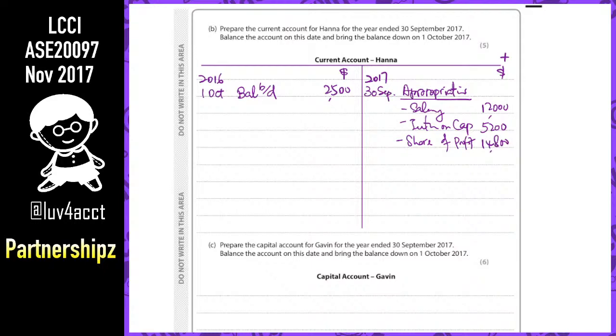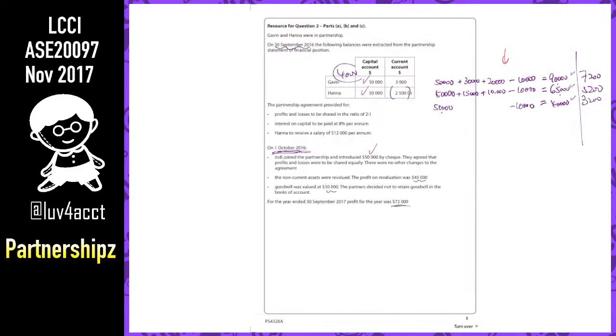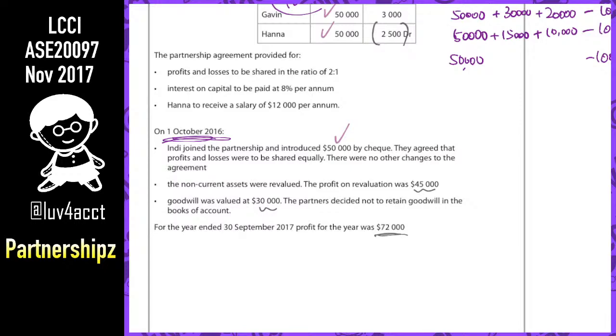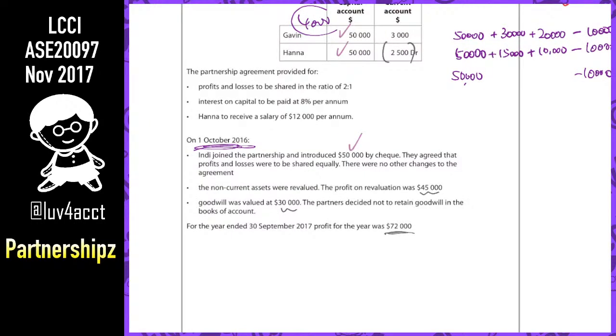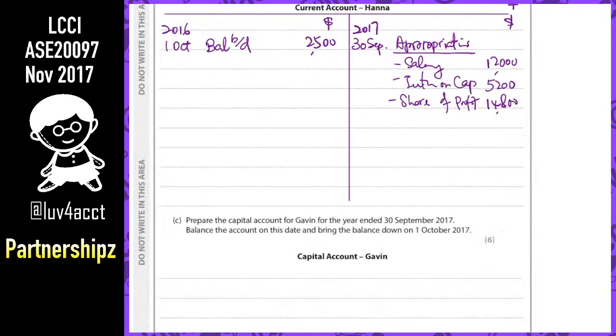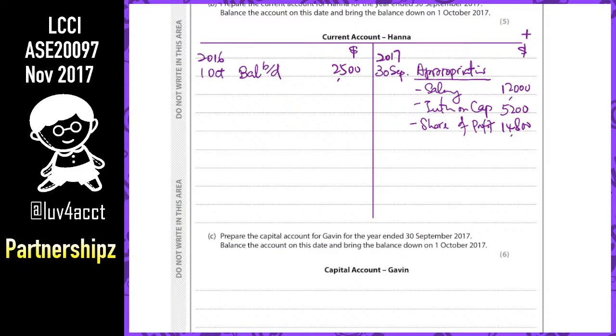There are no drawings, nothing here. So 12,000, 5,200, 14,800 minus 2,500, we have 29,500 closing balance.